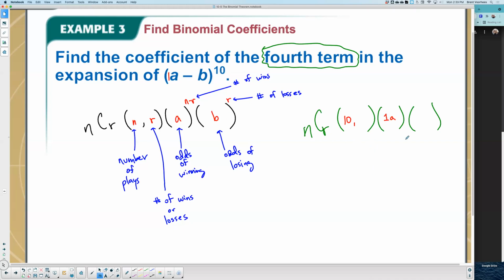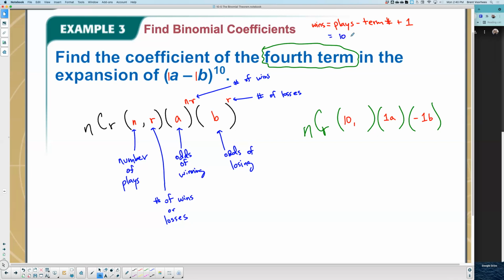What's the odds of losing? Negative 1B. And that'll be just a negative 1 in the calculator. Okay, the fourth term. Here's where this formula comes in handy. Is our power, I'll say wins, wins equals plays minus term number plus 1. Maybe that's the easier way of describing that from earlier on. How many plays do we have?